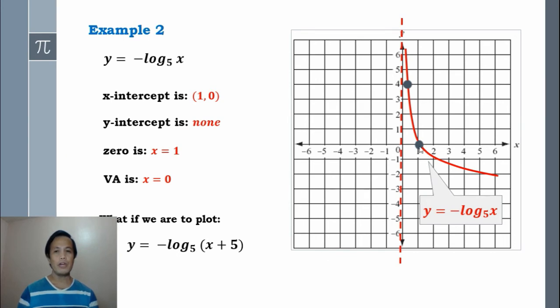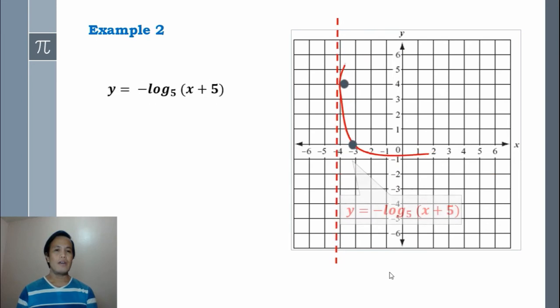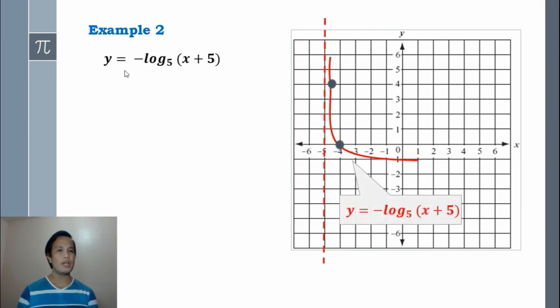And of course, the points also will move 5 units to the left. So we have 1, 2, 3, 4, 5, and the same with this point here. Therefore, this is now the graph of the function y equals negative log of x plus 5 base 5. So this is now the new vertical asymptote and the new x-intercept.